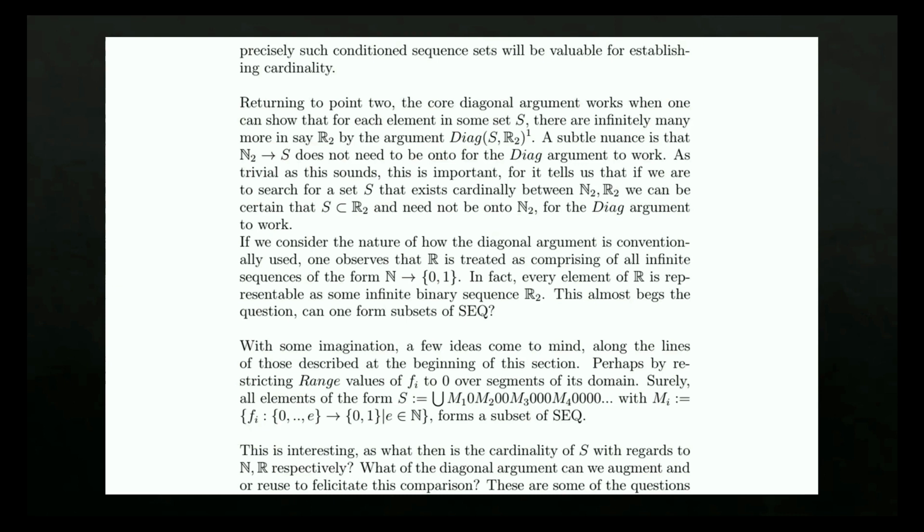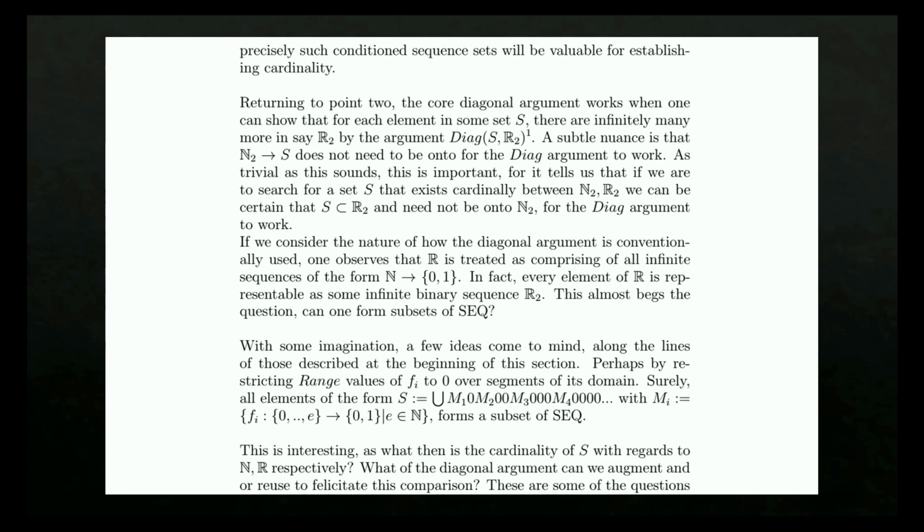And the way that we actually establish that such a sequence is in fact strictly between the naturals and the reals is by using the Cantor argument strictly on these sequences.